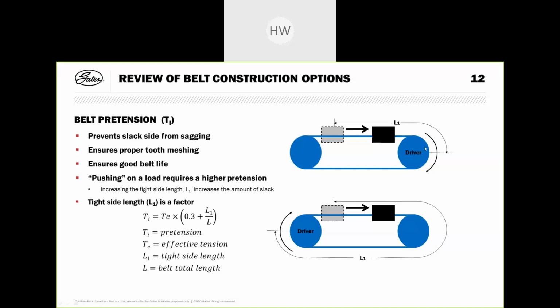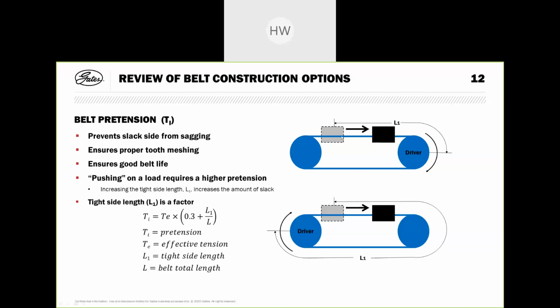On the one side, we have the driver pulley on the right side, which we call a head-driven application. That means when the weight starts from here and the driver applies the tension or the torque, then we have a tight side length of the belt, which is elongating. And all this elastic elongation needs to be assumed by the slack side.